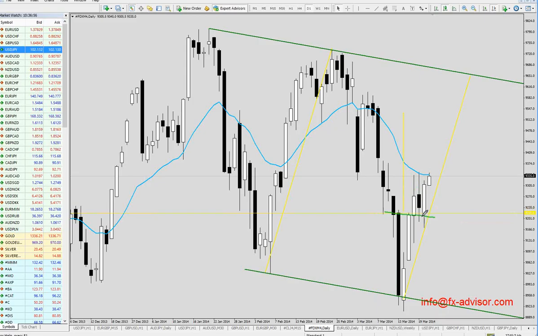When we are taking this type of resistance, after the next 2 days here and here, it looks like the move to the downside was not sustained. And the third day we had a break to the upside. Then we had the pullback.